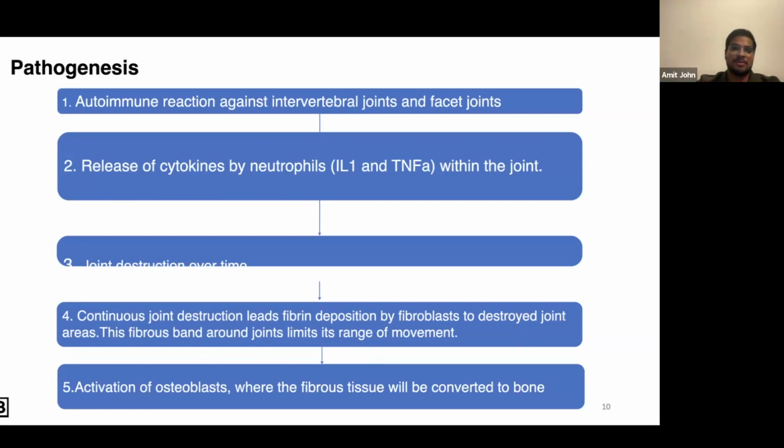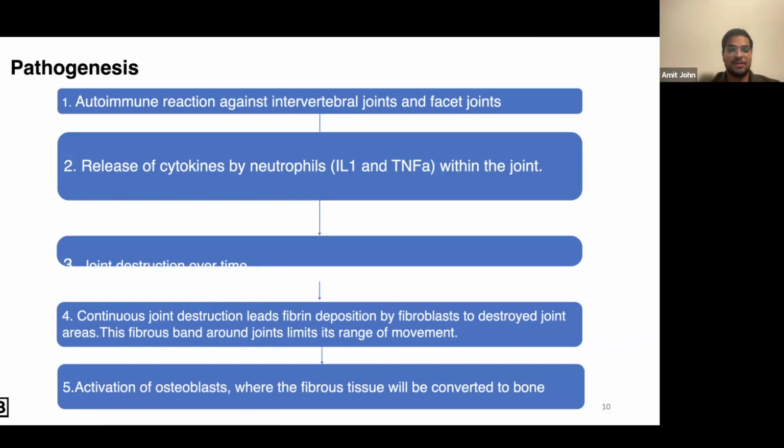This will cause joint destruction over time. The continuous joint destruction will lead to fibrin deposition by the fibroblasts in the destroyed joint areas. These fibrous bands will limit the joint movement.